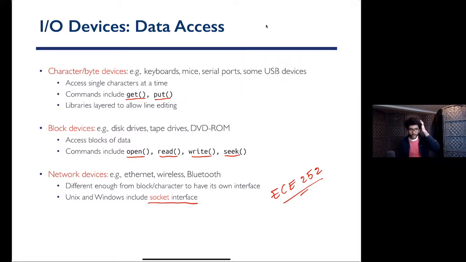It's a very important topic, and some of you might have already done some socket programming, but this is a different kind of device that the operating system has to provide services to. That's the whole category of socket system calls. You create a socket, you connect to a socket, you disconnect from a socket, you listen on a socket, and these are all system calls that the operating system provides, which we're not going to talk about, unfortunately.